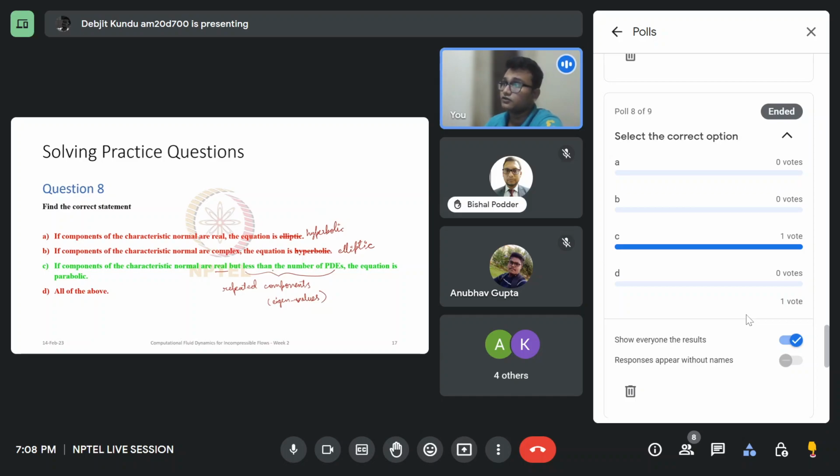Any one component could be zero as well. Then also it would be parabolic. Clear?